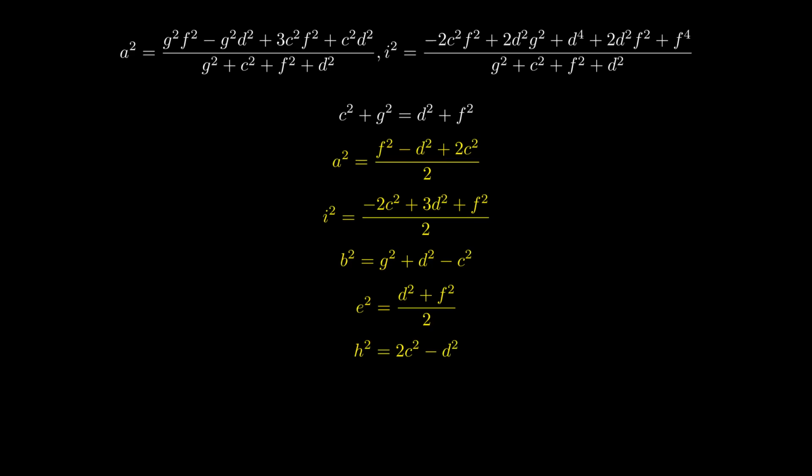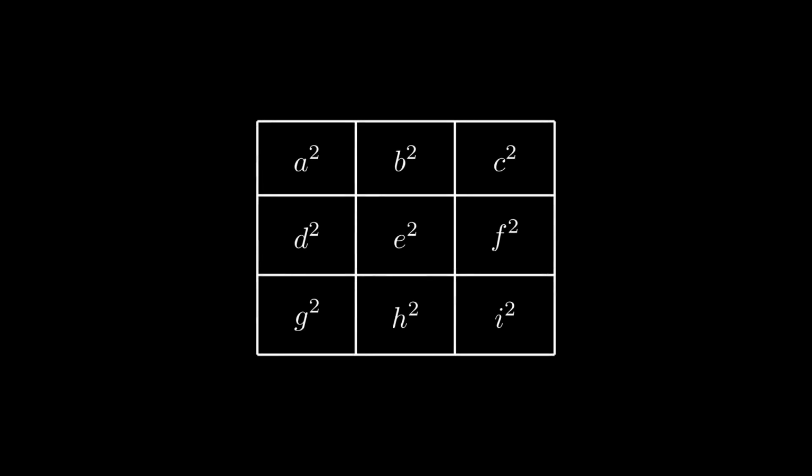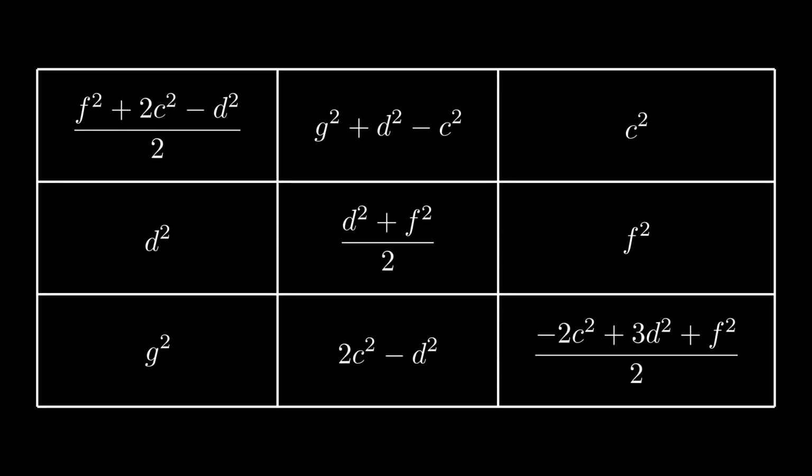Now it's time to go back to the original table and make all those substitutions so that everything is defined only in G, D, C, and F. Now this is pretty good, but we can get rid of one more variable and make the table look a little simpler. I'm going to reintroduce the new definition of h squared and try to get rid of the variables c and g.